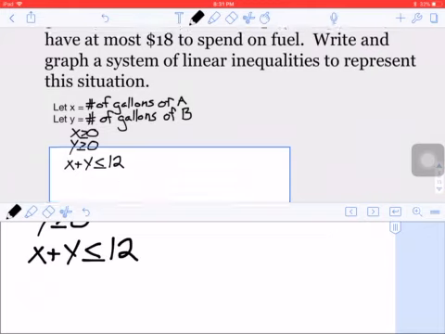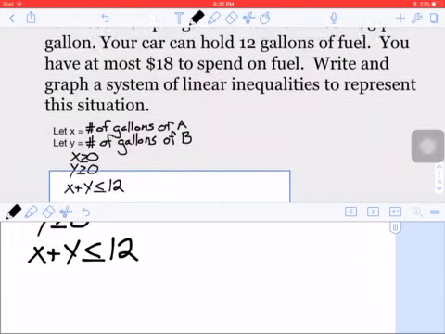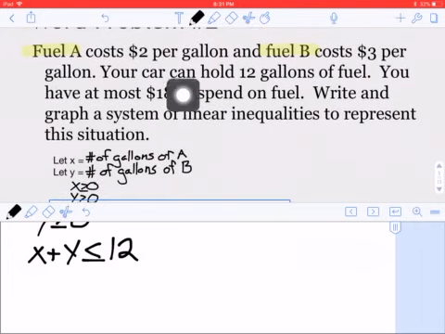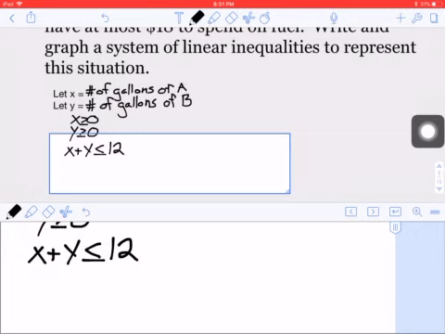And then our other topic, it says you have at most $18 to spend on fuel. So this is our cost inequality. So that's our other topic, is a cost idea. So looking back at the prices, $2 per gallon for A and $3 per gallon for B, we can say 2x plus 3y.